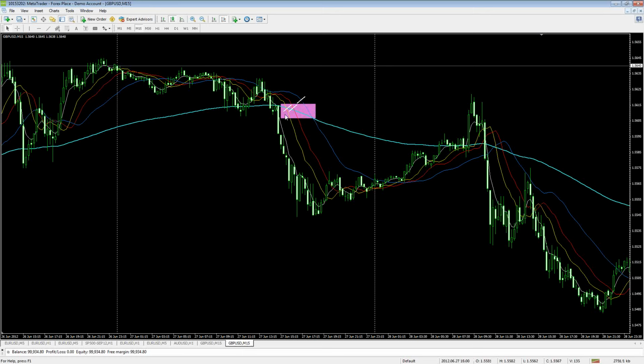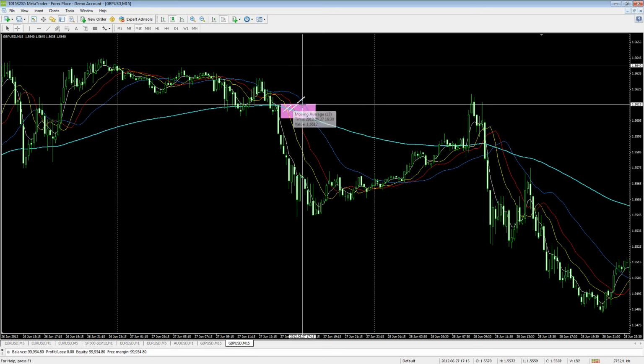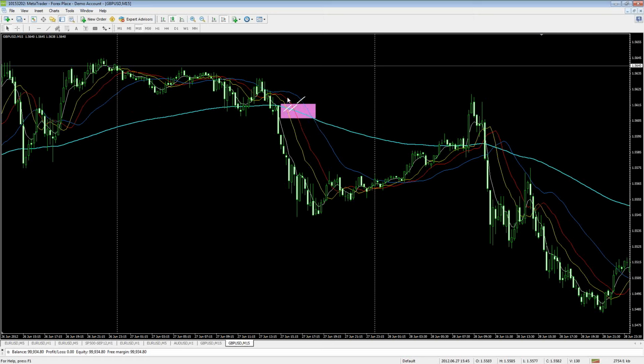So we have 3 moving averages already in an angle, already separated, moving downwards with nice angle, nice separation, and of course the order. They're all in order, so the faster 9 is below the 13 and then below the 26. So we see here 3 moving averages already in good order, separation, and angle.